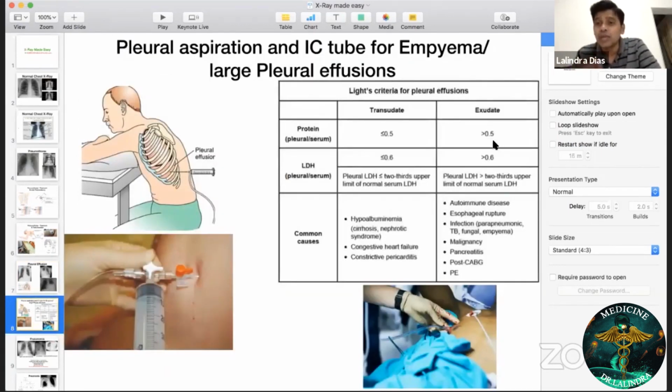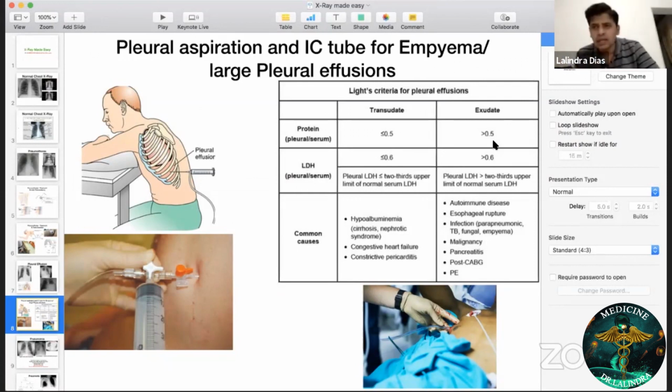If it is more than 0.5, you call it an exudate. In a transudate, pleural fluid protein divided by serum protein is less than 0.5. Also in an exudate, the LDH ratio, pleural LDH divided by serum LDH, is more than 0.6. If it is less than 0.6, you call it a transudate.